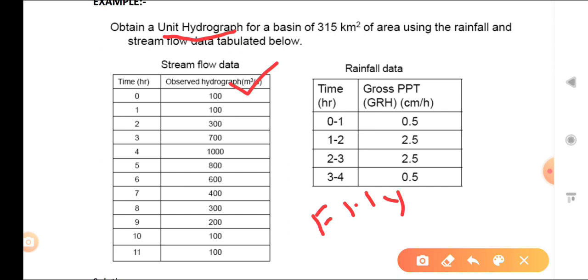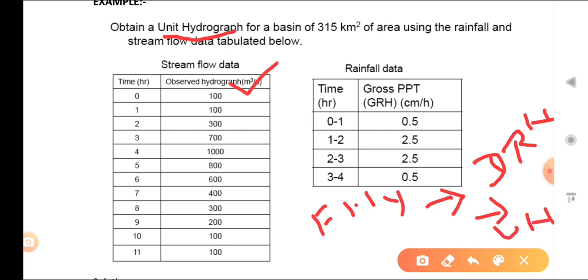First of all, we have to convert the flood hydrograph into DRH, and then convert the DRH into the unit hydrograph. First you should understand the problem, what we have to do. They have given the flood hydrograph, but we have to find the unit hydrograph. So the first process is to convert the flood hydrograph to DRH, and then the DRH to the unit hydrograph.